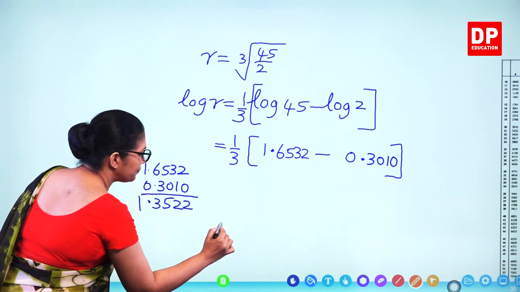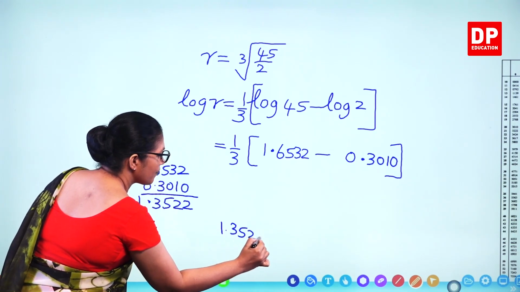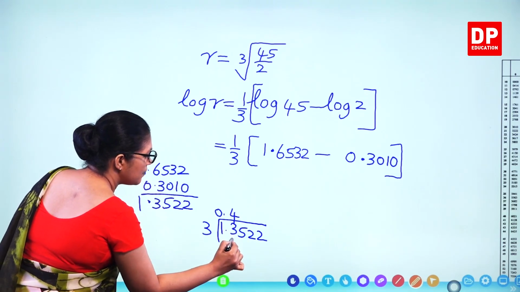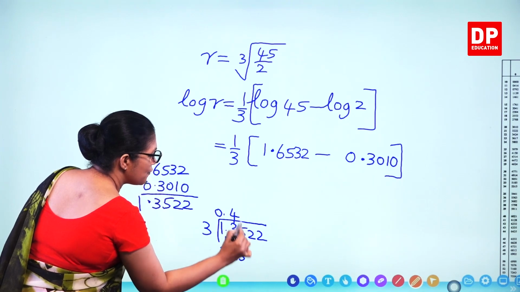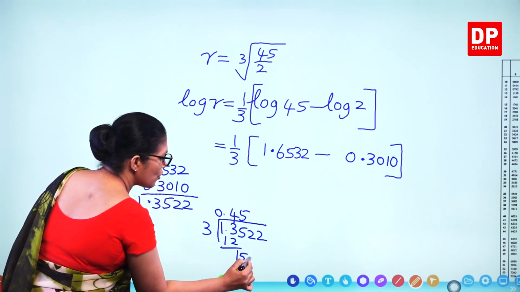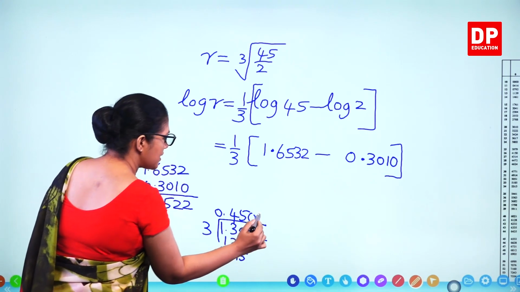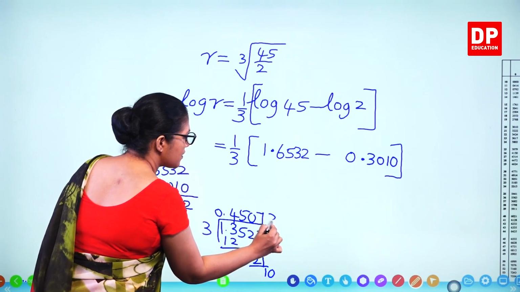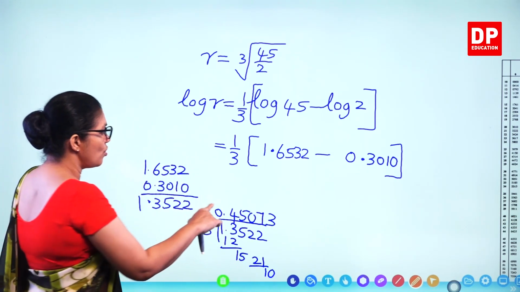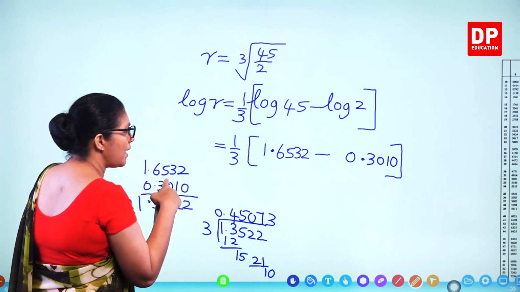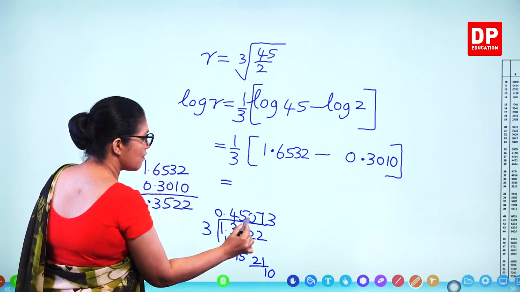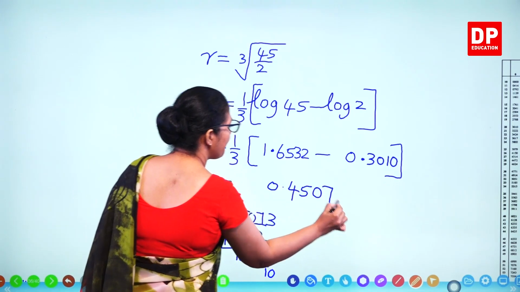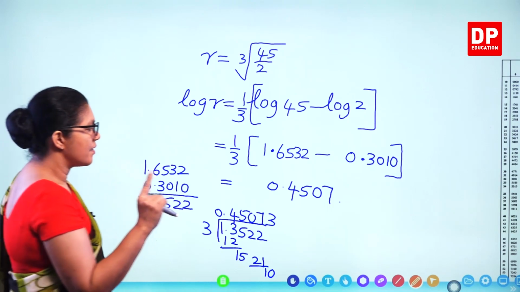Divide by 3 now. 3 times 4, 12. For 15, that's 5. For 2, that's nothing, 22. 3 times 7, 21. And for 10, that's 3. You don't need to write 5 decimal places; you can write 4 decimal places. So 0.4507.